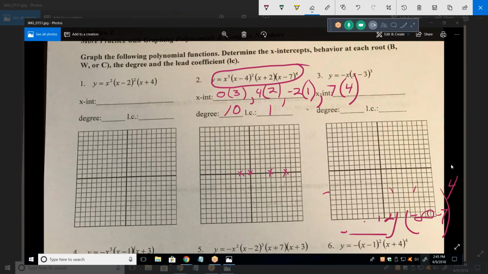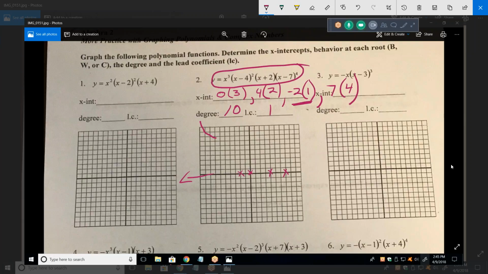All right, so what that tells us is that when x goes to negative infinity, y goes to positive infinity. So I'm starting from there. Not starting from down below. That would be starting from negative infinity. Now the rest of it I should be able to figure out.